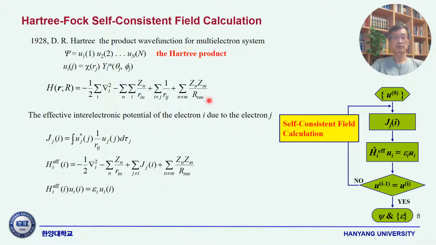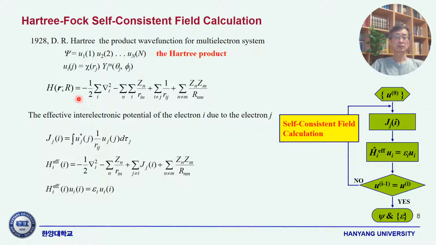The electronic Hamiltonian, treating the nuclear coordinate as a parameter, is the same as before: electronic kinetic energy, electron-nucleus attraction, electron repulsion, and nuclear repulsion.